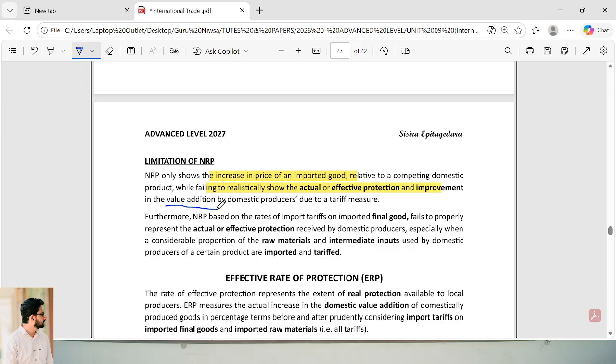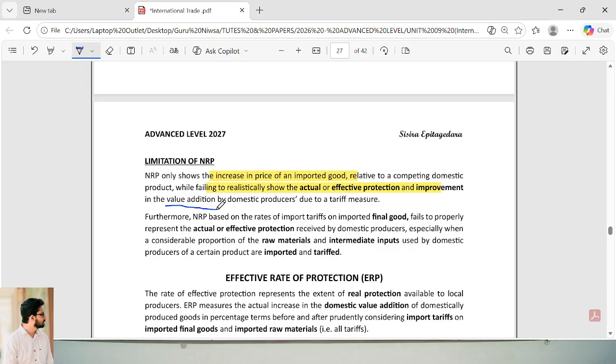But NRP is not strong enough to calculate value addition. It just focuses on that very primary calculation, the increase in the price of imported goods due to the tariff rate. That is not strong enough to identify the real benefit or advantage gained by a domestic producer.